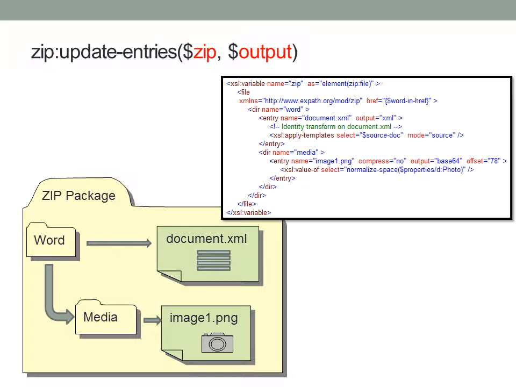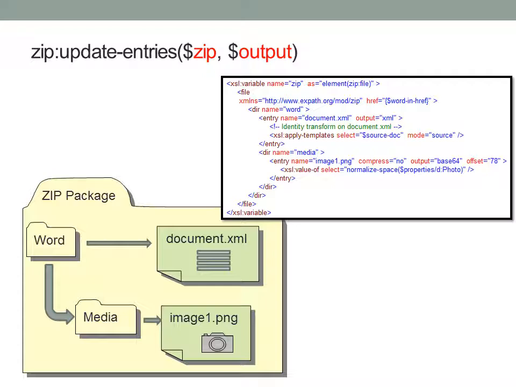So the zip argument is in fact an XML element as shown here, and this XML element describes in a declarative way the structure of the Word 2010 template, but in fact it just needs to describe the modifications that are being made to it. And the second argument is simply a URI pointing to the file location for the new modified Word 2010 document.